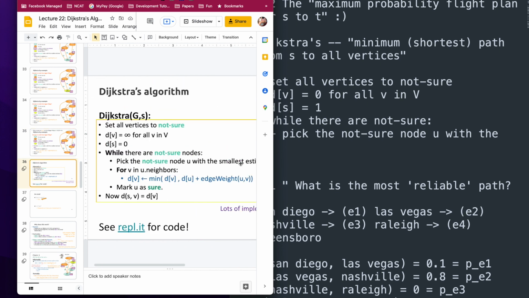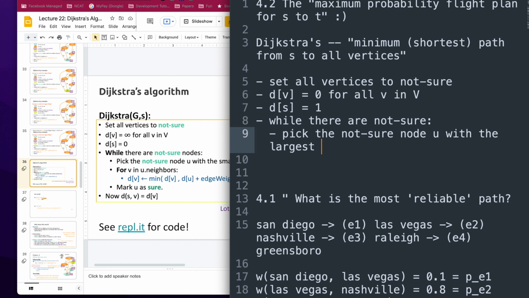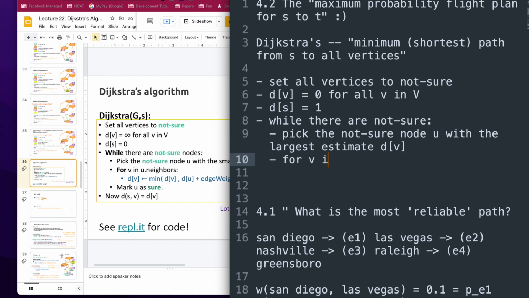So again, we're going from minimum to maximum. Actually here, what you probably want to do is pick the most reliable flight that you can get to next rather than the smallest, so with the largest estimate du.